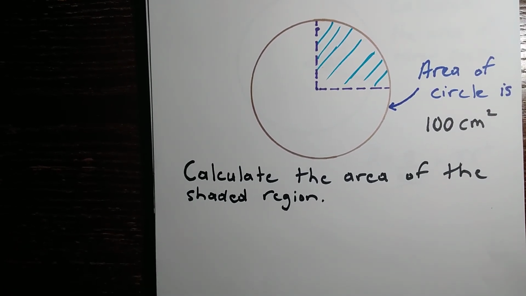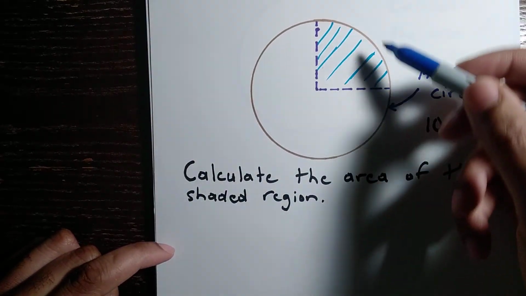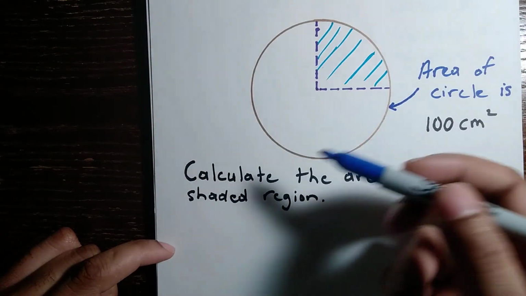As you can see, the shaded region is actually a quarter of the circle.